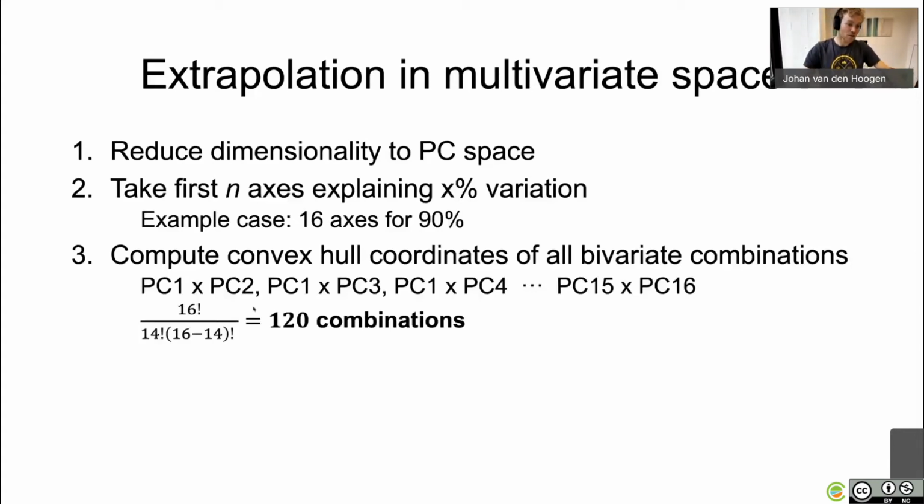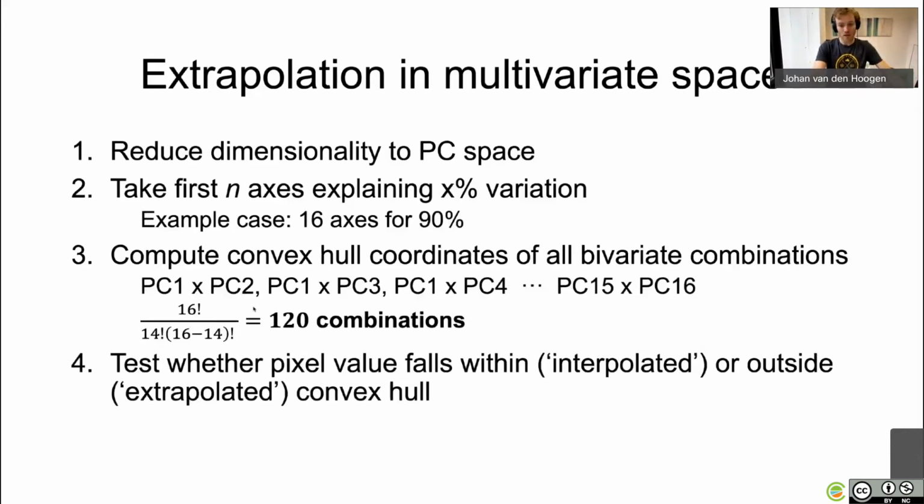This is a total of 120 combinations, which is a far more manageable number of interactions to compute. Then we test whether a pixel value falls within or outside this convex hull. Pixels that fall within the convex hull are considered interpolated, and those outside are considered extrapolated in this combination of PC axes. That's repeated for all the combinations.